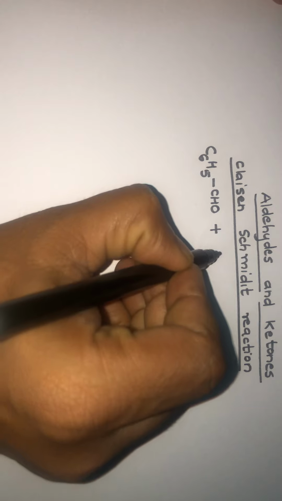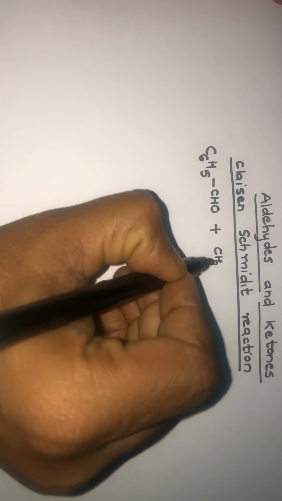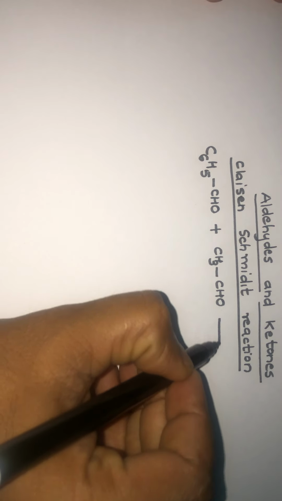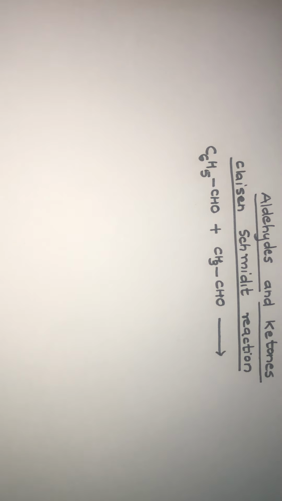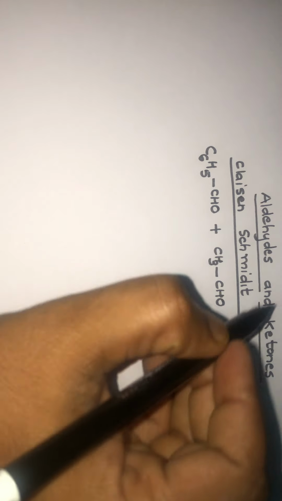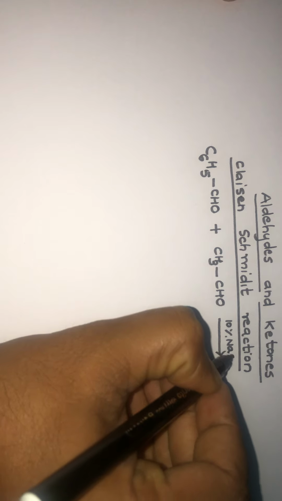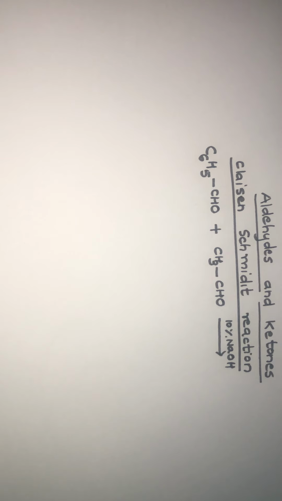When this is treated with an aliphatic aldehyde, ketone or an ester having alpha hydrogen in the presence of a base, that is 10% NaOH at room temperature, they undergo a simple cross aldol condensation.